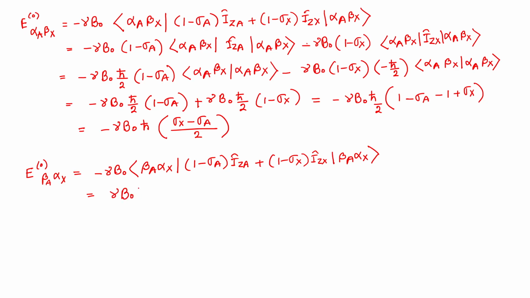You are going to get gamma B0 h cut. Just the sign will change. The rest of the things are going to be the same.